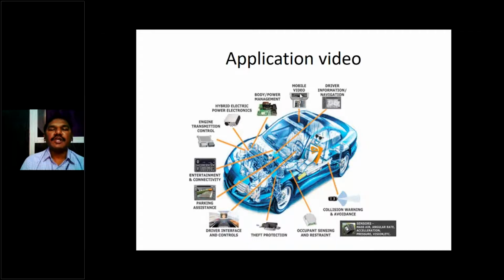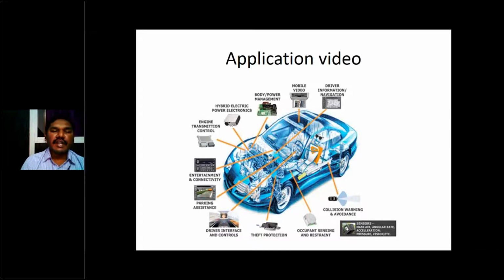Simply you can talk by using this application of microcontrollers. Driver information shows what he is doing. Body or power management of this car shows whether the car is heating up or not. And engine transmit control shows whether the engine is working properly or not.